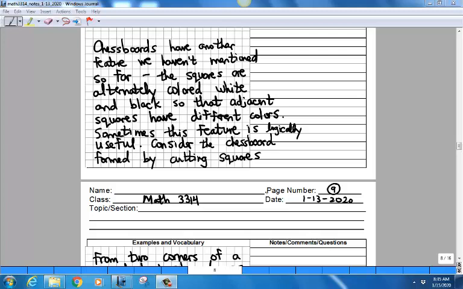So we're going to look at variations on this problem of tiling a chessboard with dominoes, which we talked about last time. But today, also in the notes, we'll look at some other sorts of questions that aren't tiling questions, but are based on chessboards.